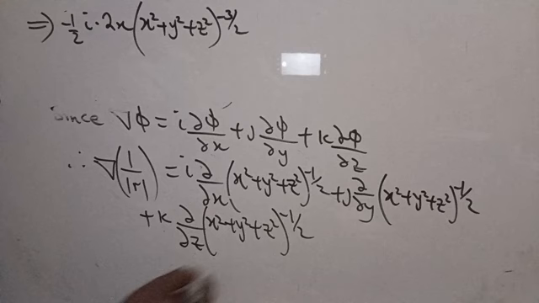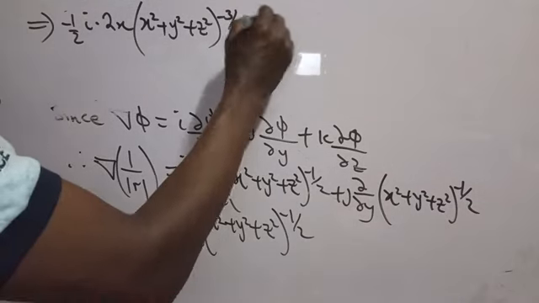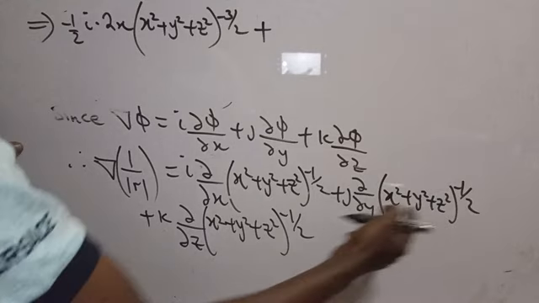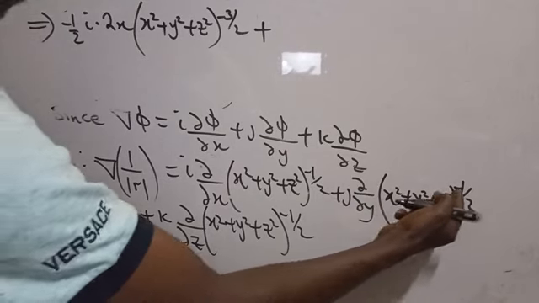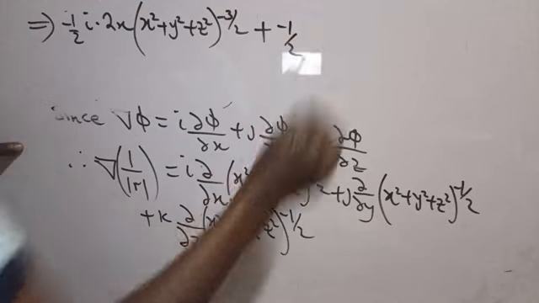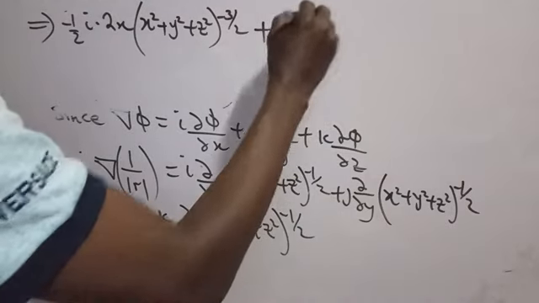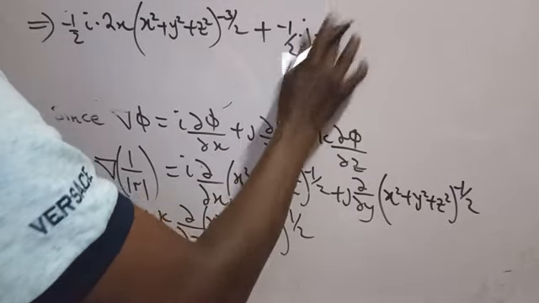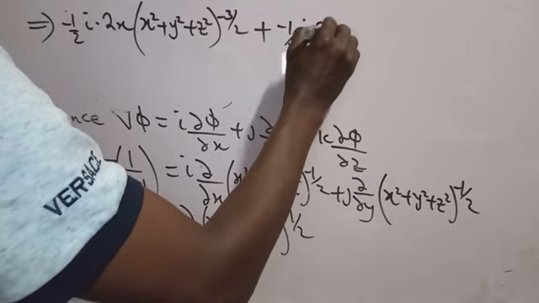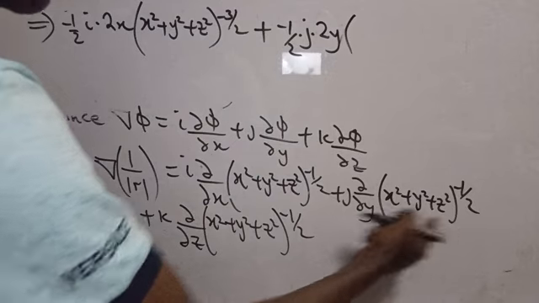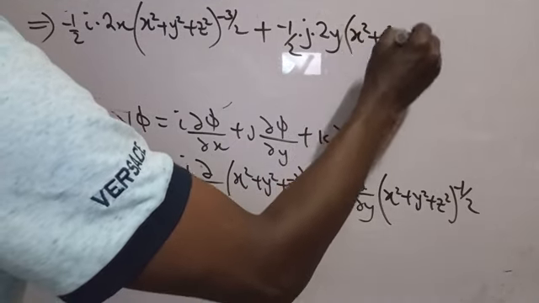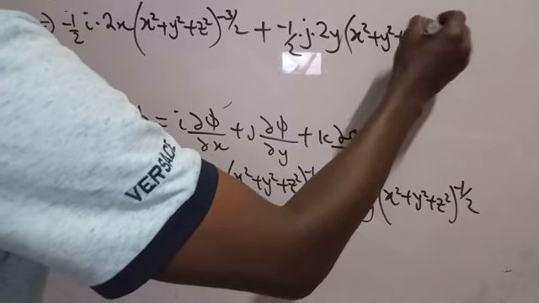Now, having done that, we are done with x. Plus, bring your minus half out, then j, differentiate with respect to y. Now you have 2y, then multiply the whole of this, x squared plus y squared plus z squared raised to minus 3 over 2.